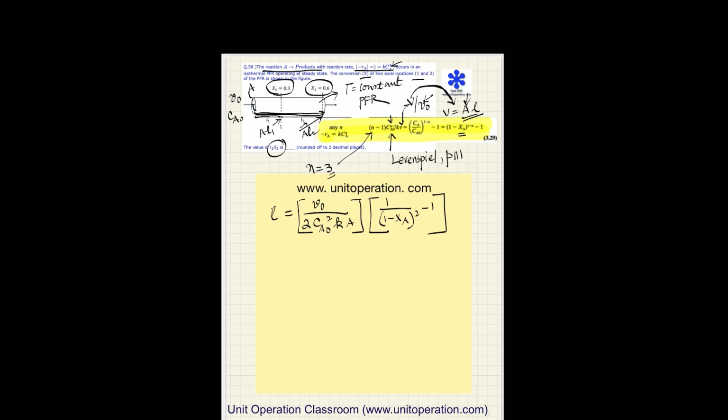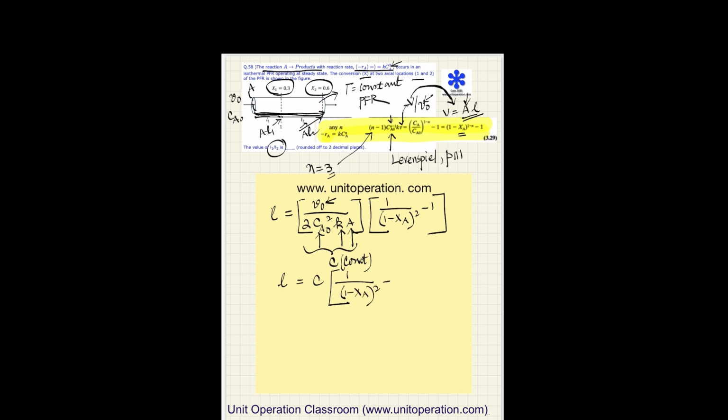Now here, this is constant at a certain temperature, and the cross-section of the tube is constant. The whole thing is constant, so we can write in terms of C, which is a constant. So we can write L equal to C multiplied by 1 over (1 minus XA) whole square minus 1.